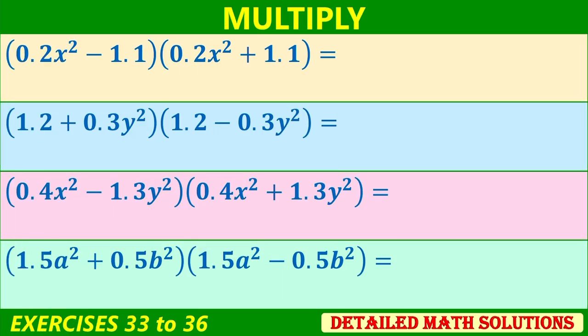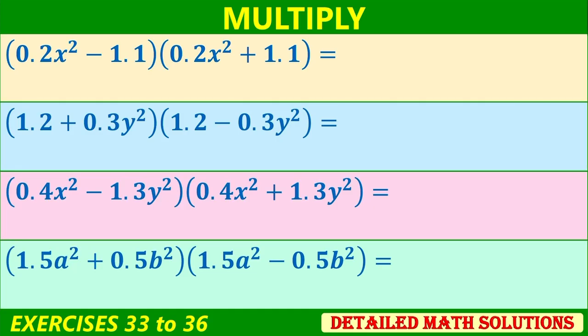First exercise. Multiply (0.2x squared minus 1.1) and (0.2x squared plus 1.1). For this exercise, I notice that in the first parenthesis, I have the two terms 0.2x squared and 1.1.